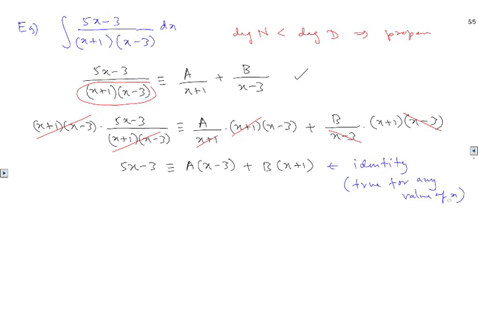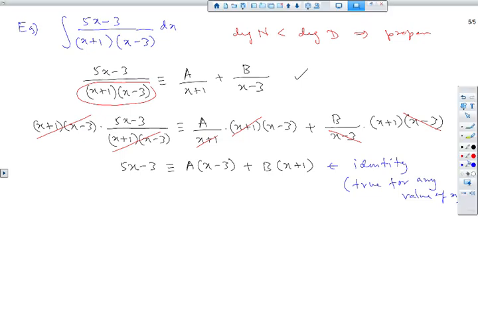Similarly, if you want to find b, you try to make the coefficient of a 0. That means you plug in x equal 3, and you get b. So that is the trick. It is true for any value, but there are special values that make the calculation much faster.